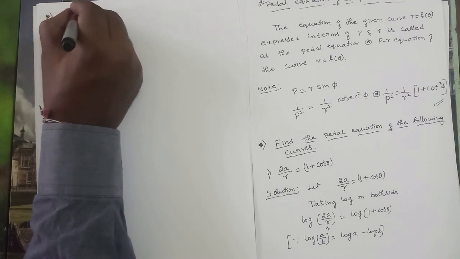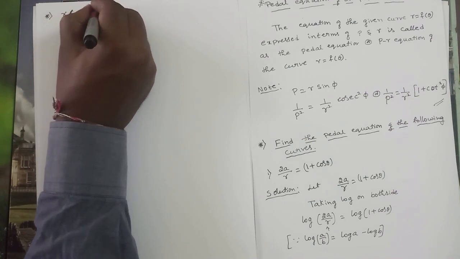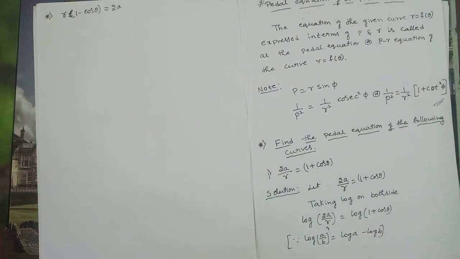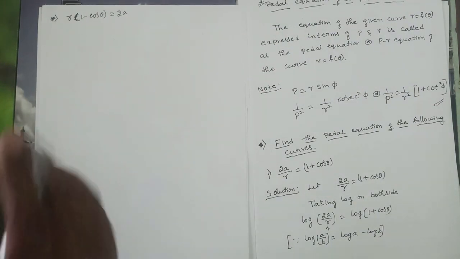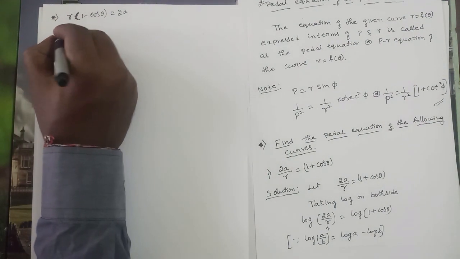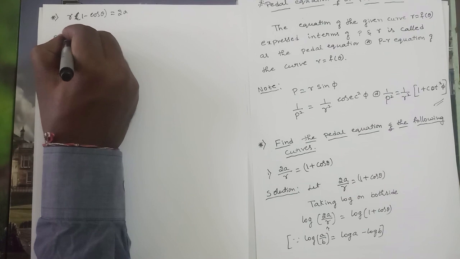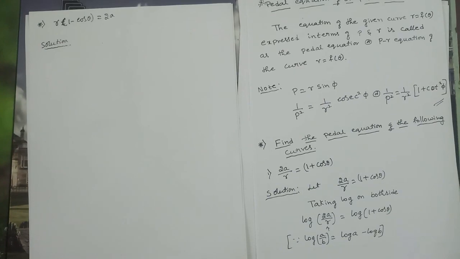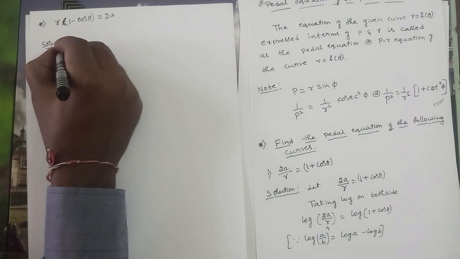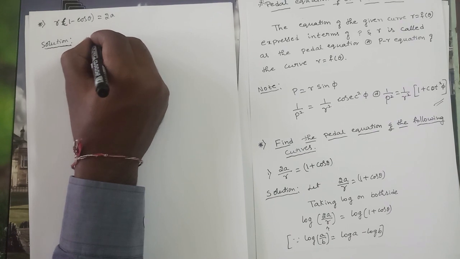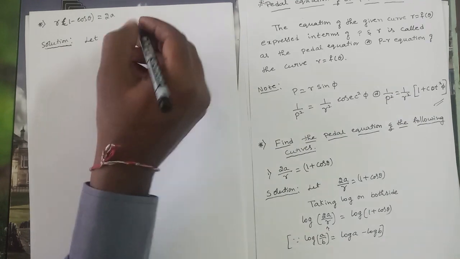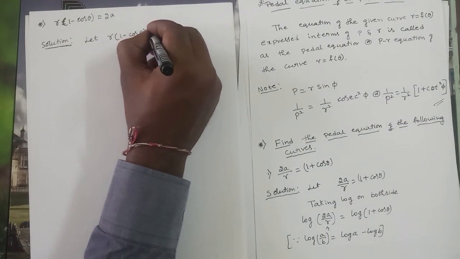R into 1 minus cos theta equals 2A. So what do you get now? Solution: let R into 1 minus cos theta equals 2A.